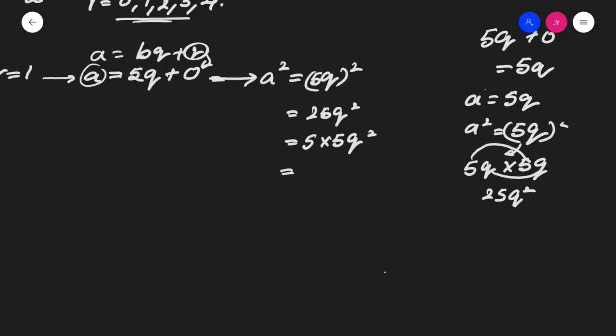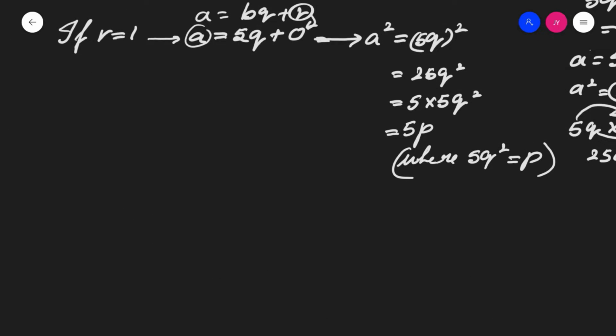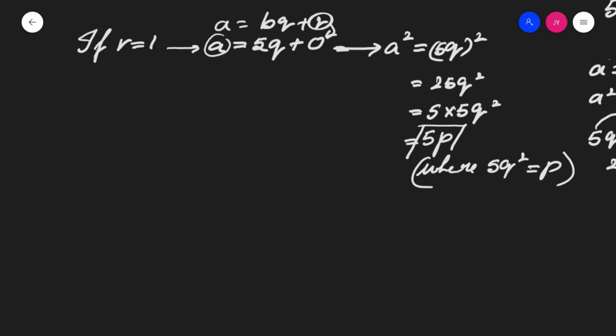So let us take 5q square is equal to p. Then it will be 5 into p, 5p. You have to write where 5q square is equal to p. Now, first case is done. When r is equal to 0, the square of any positive integer is 5p.